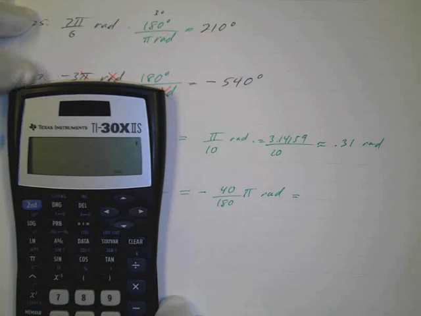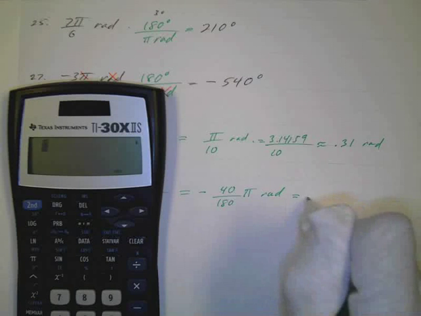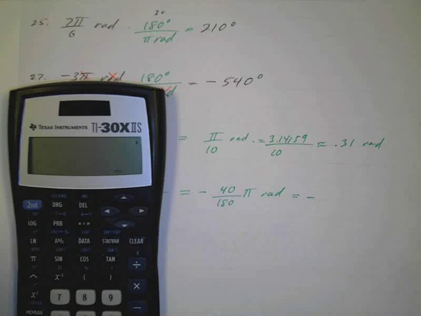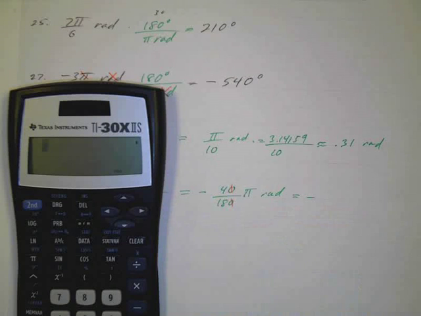Here's a basic trig calculator you should have. And don't worry about the negative sign, it's going to be there. And I could cancel the zeros here. That's just like dividing by 10. So I can just say 4 divided by 18 equals, and then I can multiply that times pi. Some of these calculators have pi on there.